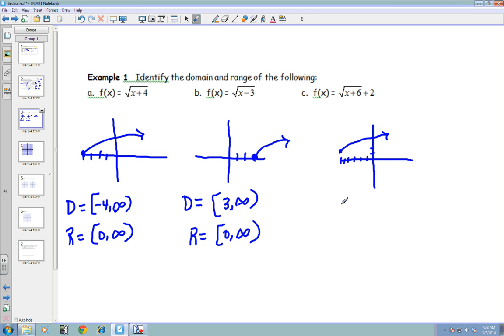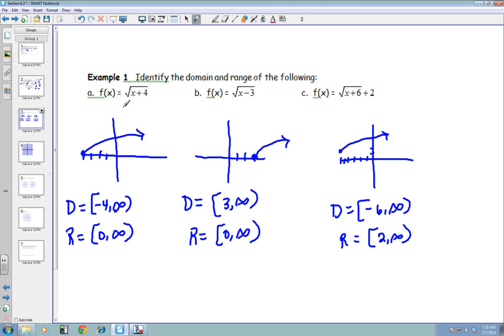We're just finding the domain and range. So my domain for this is going to start at -6 and go to infinity. My range, now my lowest point is at 2 to infinity. And again, we could put these in our graphing calculator just to verify that that's what those graphs look like.